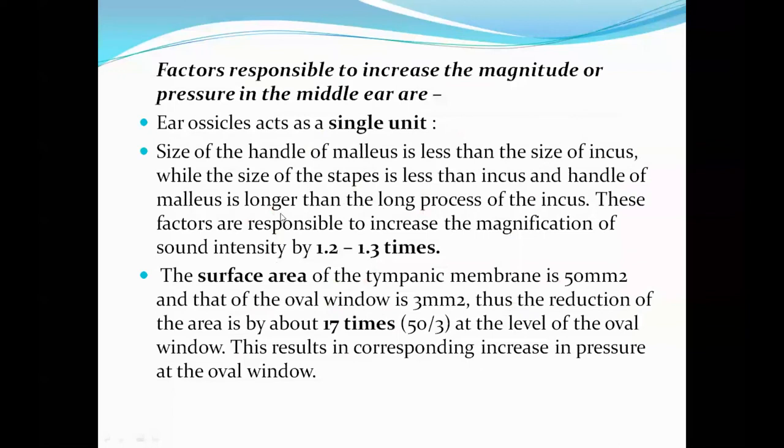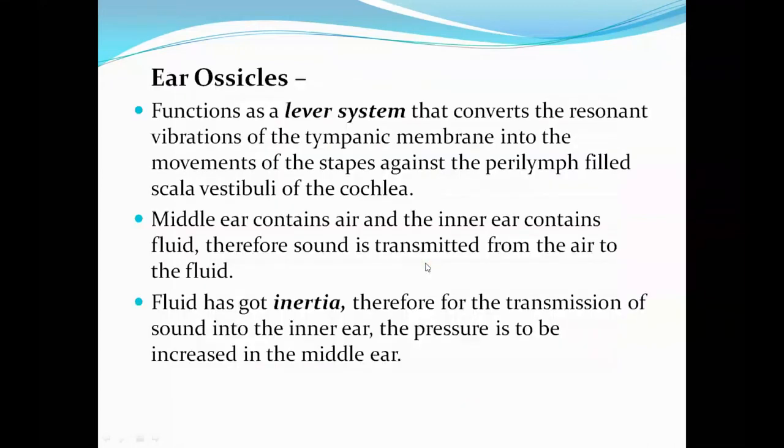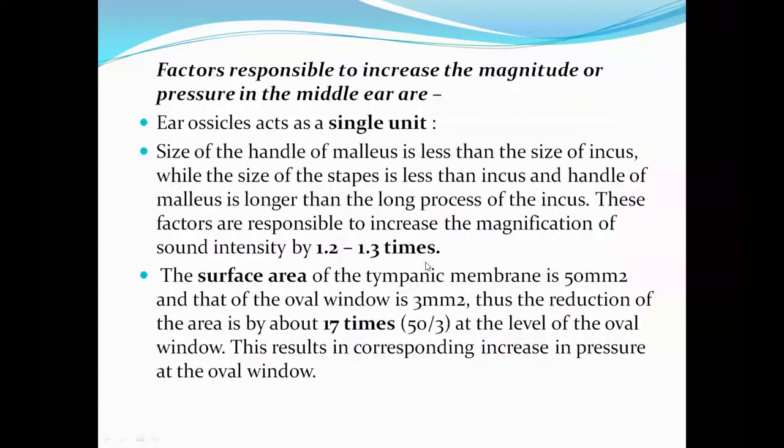The handle of the malleus is also longer than the long process of the incus. So these are the factors that lead to an increase in the magnification of the sound intensity by 1.2 to 1.3 times.